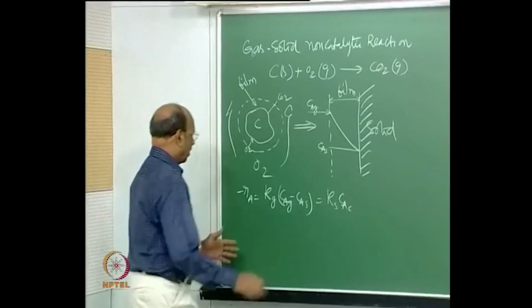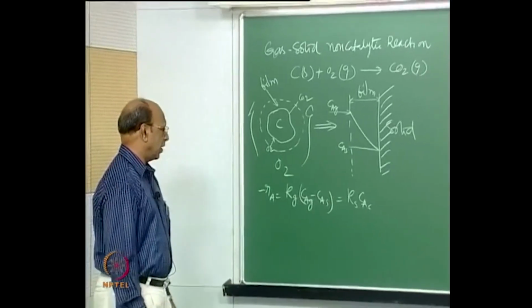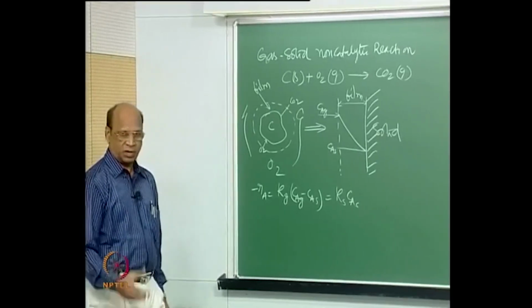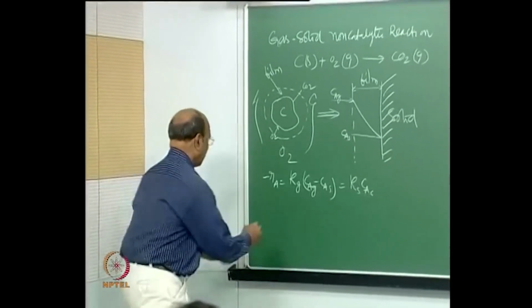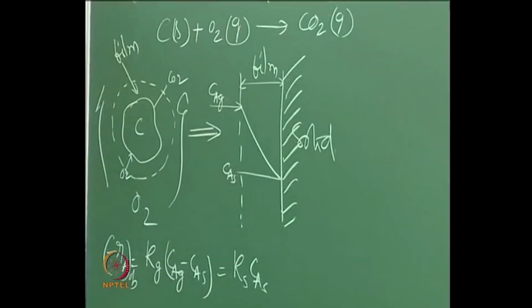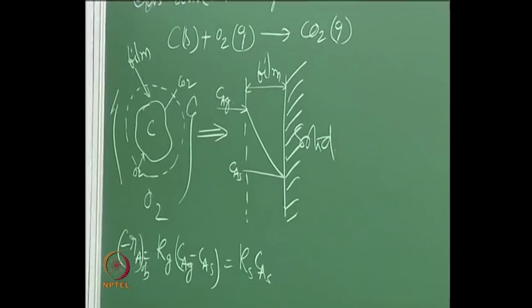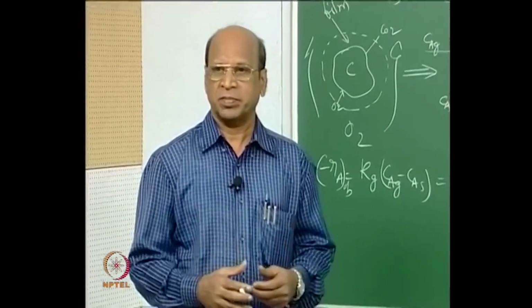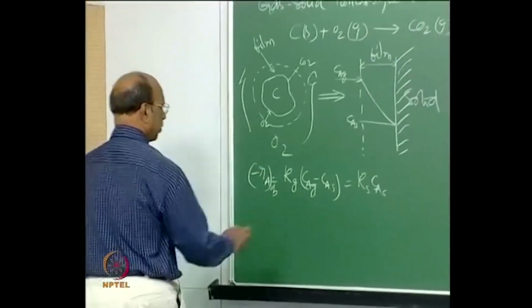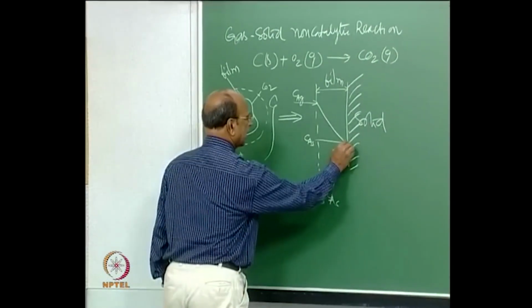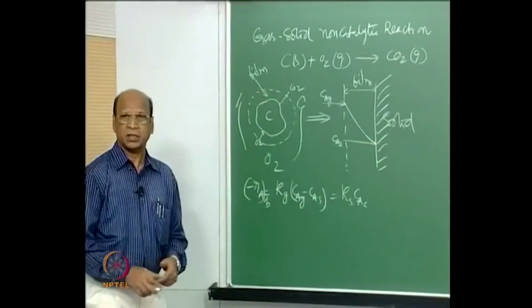Now the global rate of reaction, or observed rate of reaction, is defined as the rate in which only the measurable variables are present. Here the only measurable variable is CAG, and I cannot measure the concentration on the surface, which is CAS.